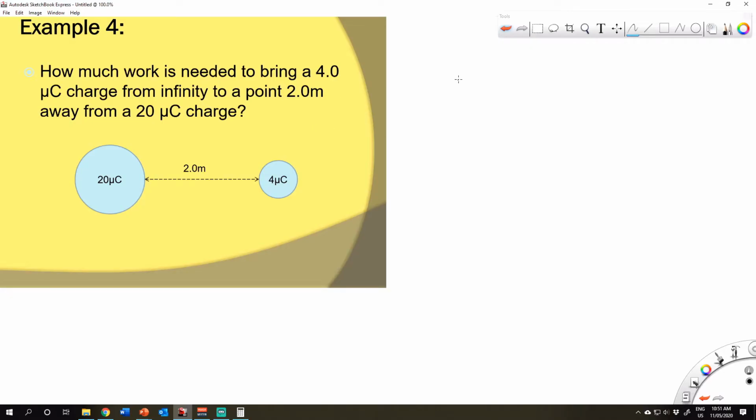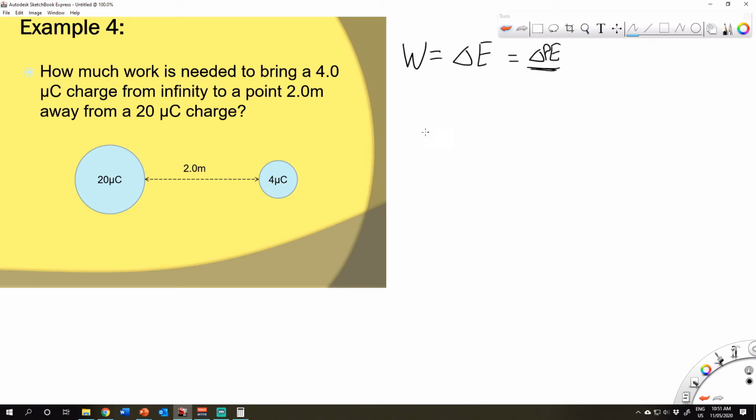So here, well, we know that work is a change in energy. So by extension, we can say that any change in energy we can classify as a change in potential energy, or we can classify as a change in kinetic energy. Since we're dealing with electricity, it's going to be a change in potential energy.